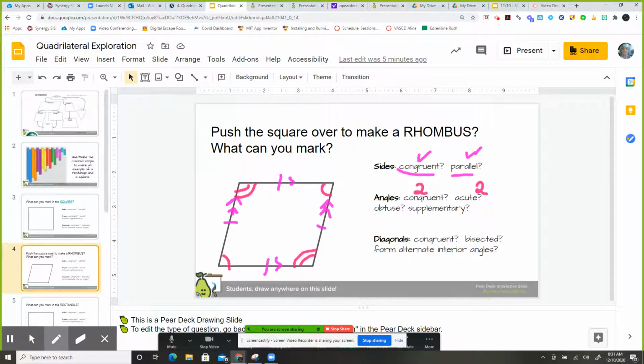Those angles are congruent and they happen to be supplementary. So acute plus obtuse is going to equal 180. Because these are alternate interior or same side interior angles.